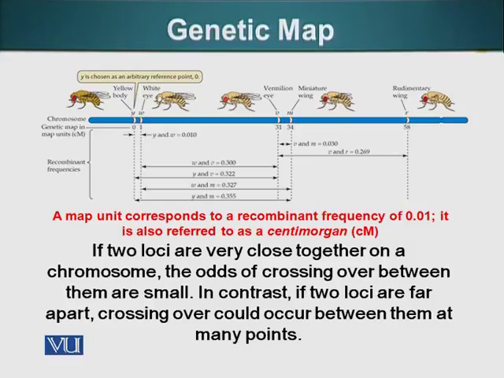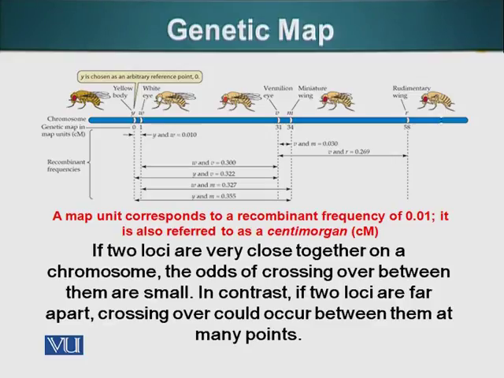In this example, Y is the body color. White eye is W, vermilion eye is V, miniature wings is M, and rudimentary wings is R.